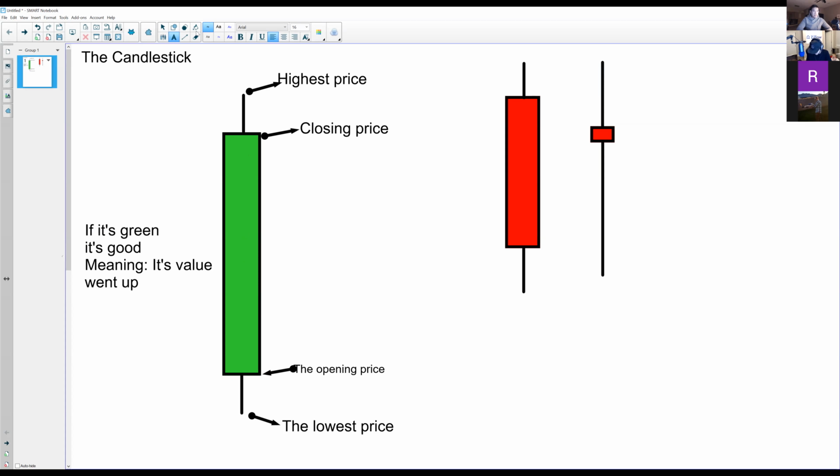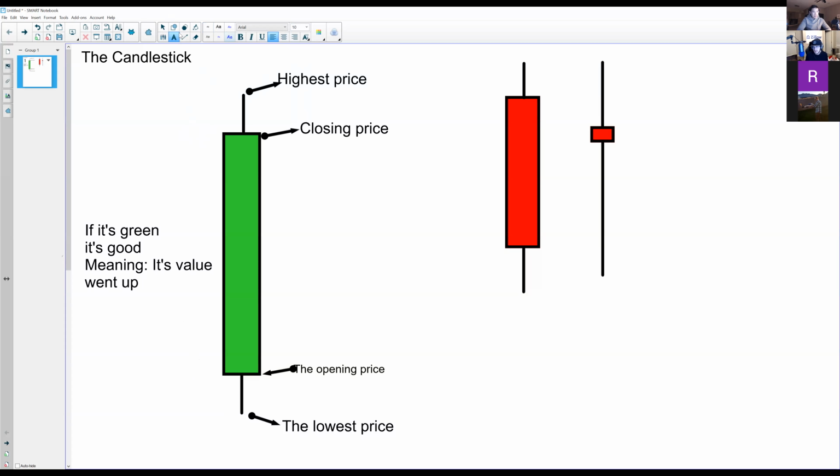So if I were to actually put values to this, let me make them smaller. I would say ABC was at $10, and let's just say this stock went up pretty high, so it would be $13.